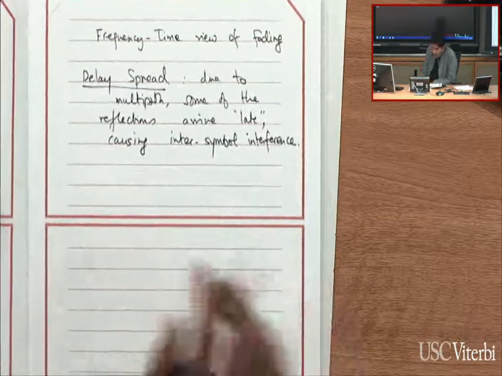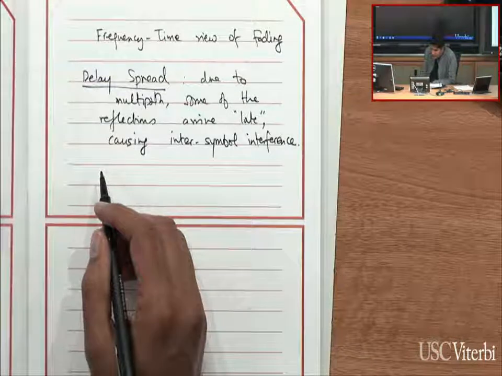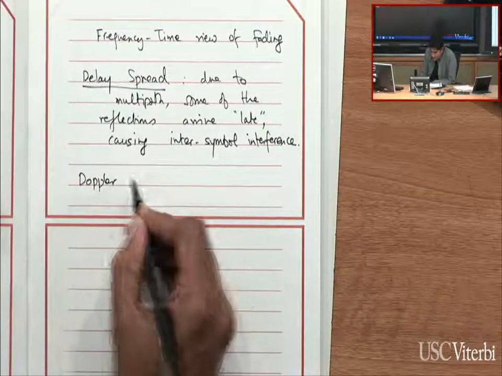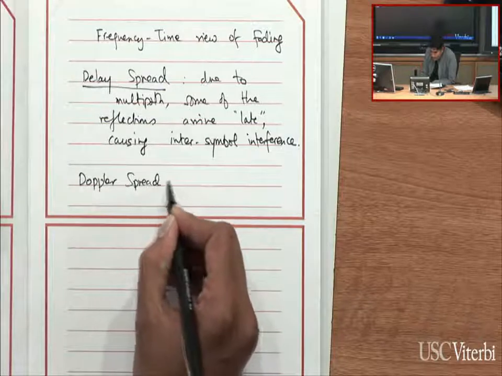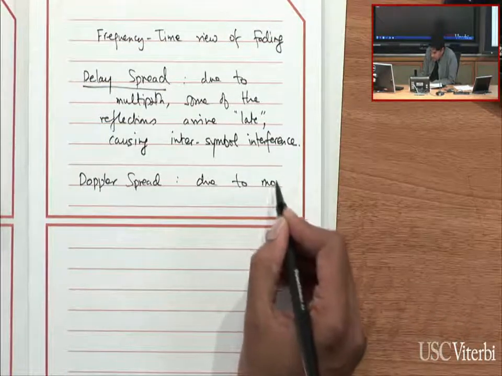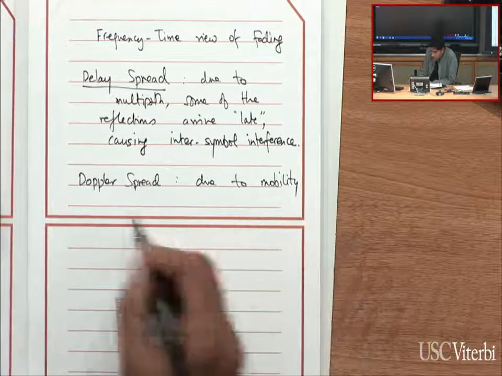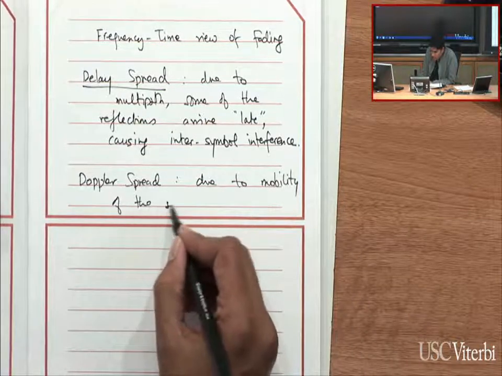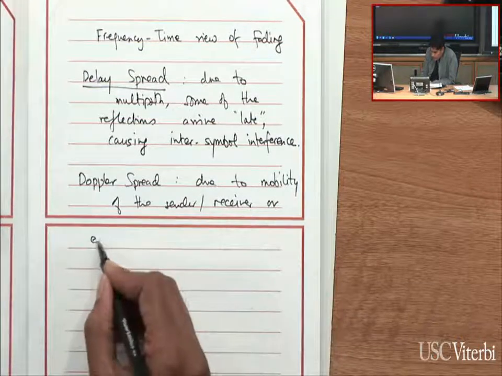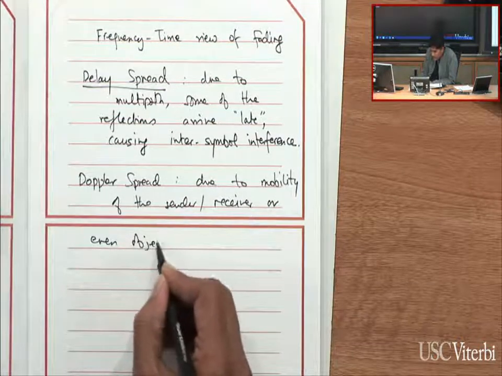The other thing that sometimes happens with respect to fading is called Doppler spread. And this is due to mobility of the sender or receiver or even objects in the environment.